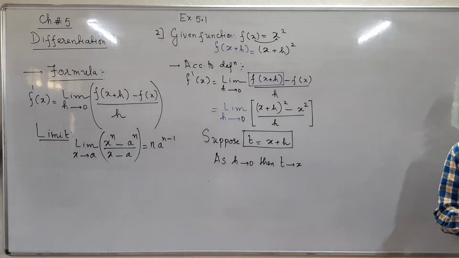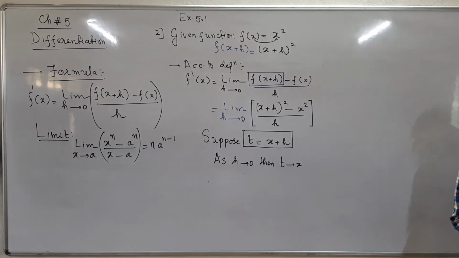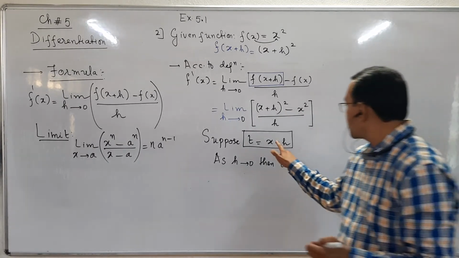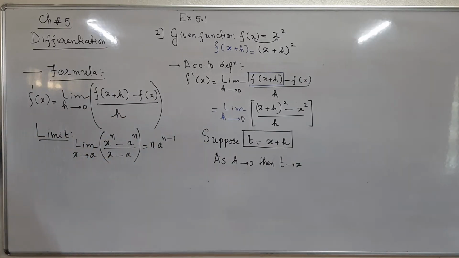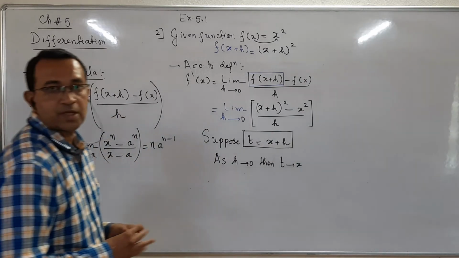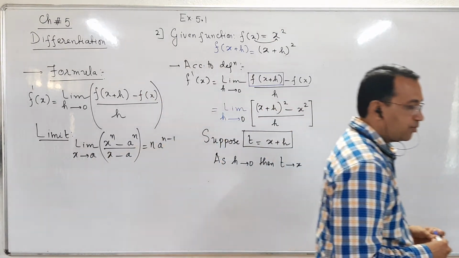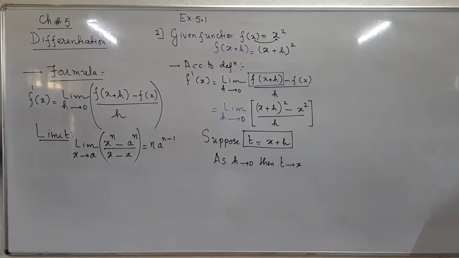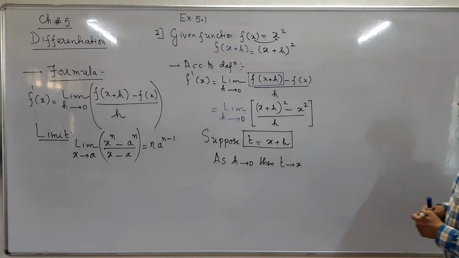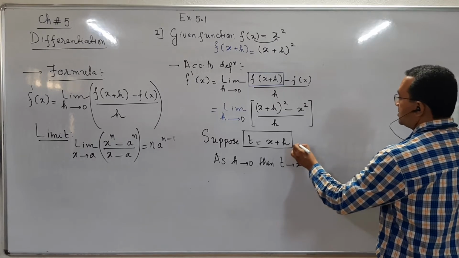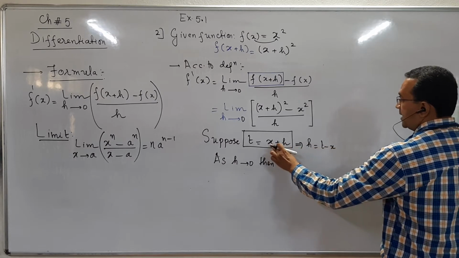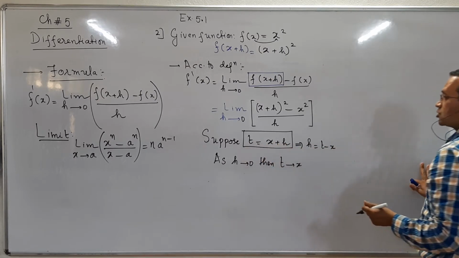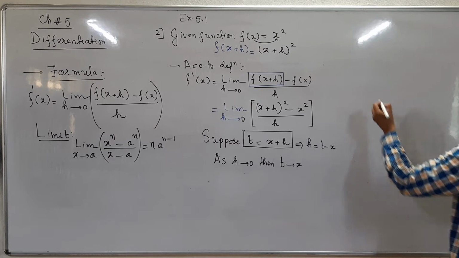Whenever we suppose, limit changes, because variable changes from x to t, students. What you have to understand? The variable changes from x to t. So wherever there is h, I can write t minus x. I can take this x to the left. So now check what are the drastic changes.